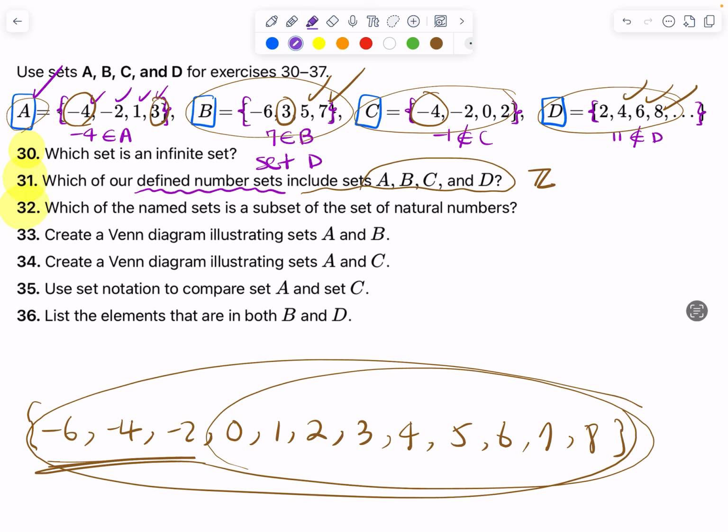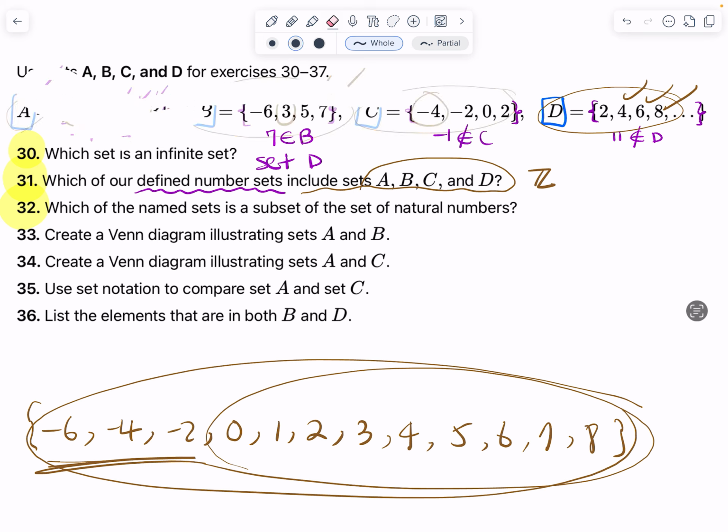Again, these problems are very similar to the homework problems you have to do for tonight, but they're not the exact same numbers. Which of the named sets is a subset of the set of natural numbers? Let me erase to help you understand better.